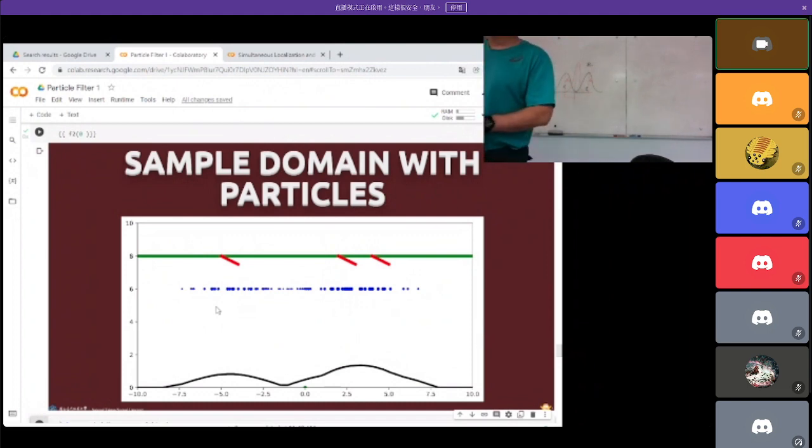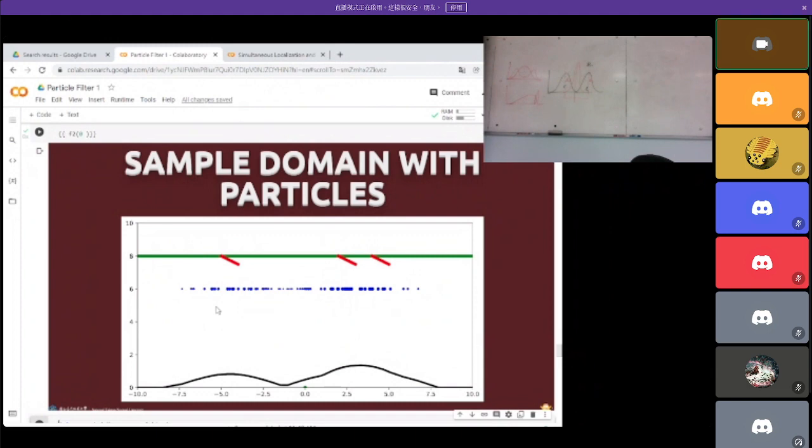And then that would be the possible locations that the robot could be in. I simply keep track of these particles then as my robot drives around. Right? That's the first part of the particle filter algorithm.